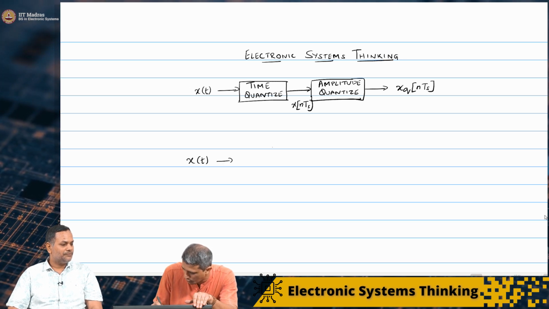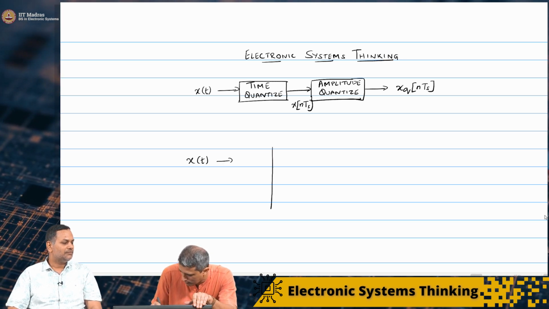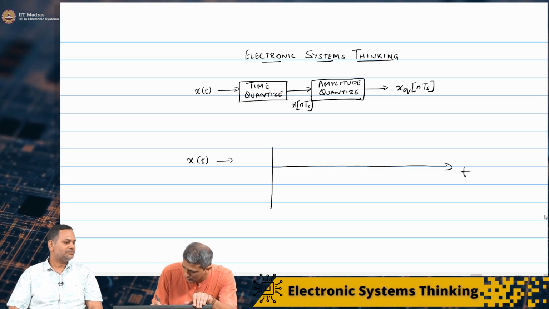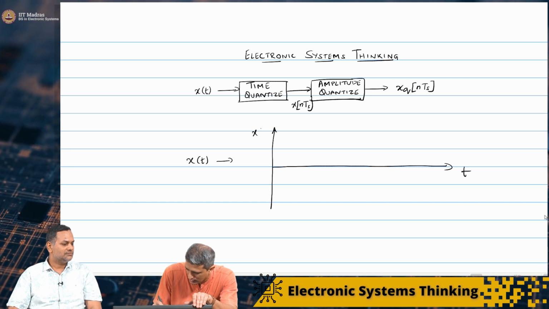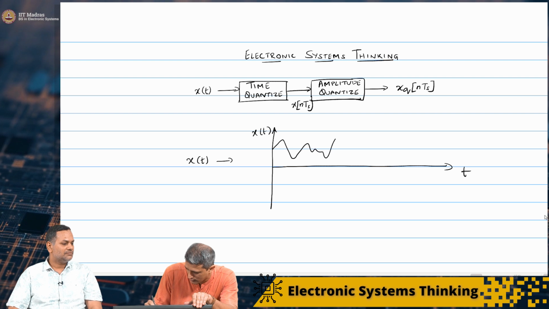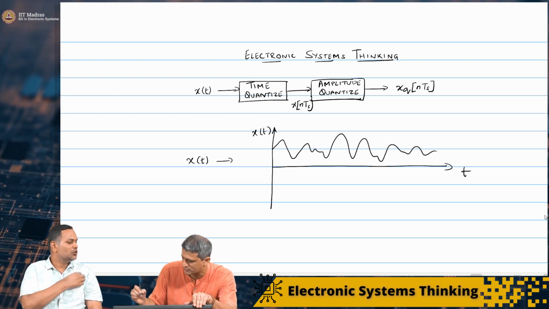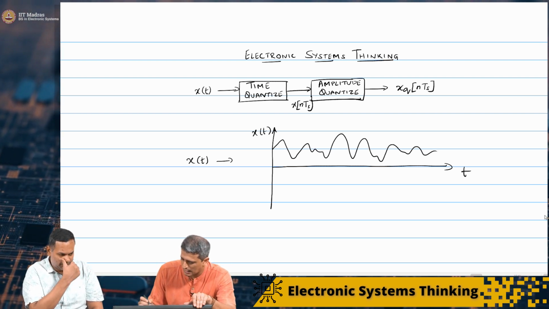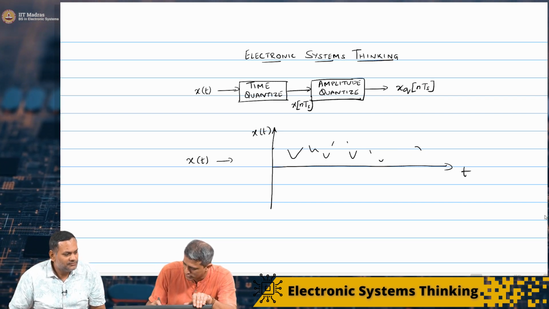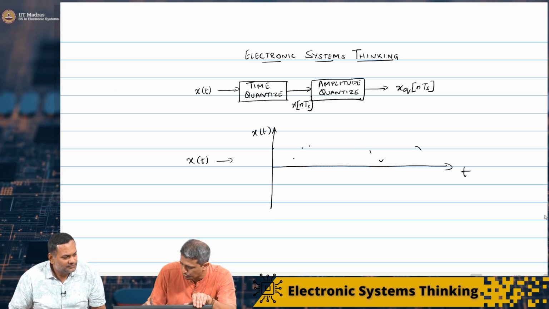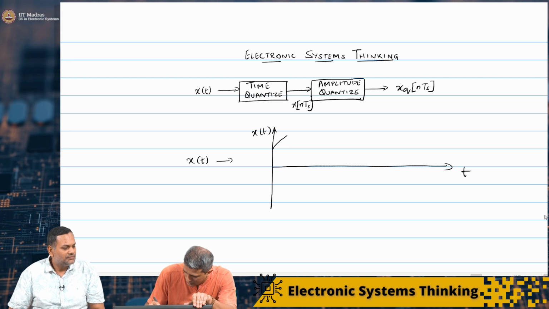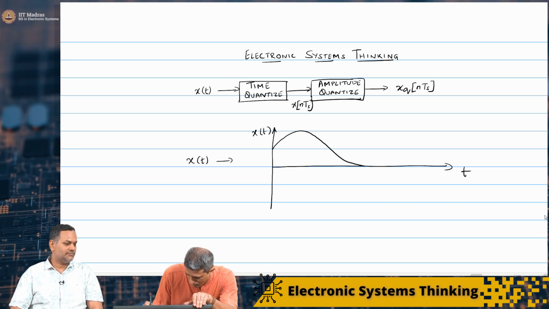So let's look at x of t. This is going to be some time signal, about some bias, something like this. Or maybe why don't I just take a sine wave, just to keep it simple, instead of an arbitrary signal.